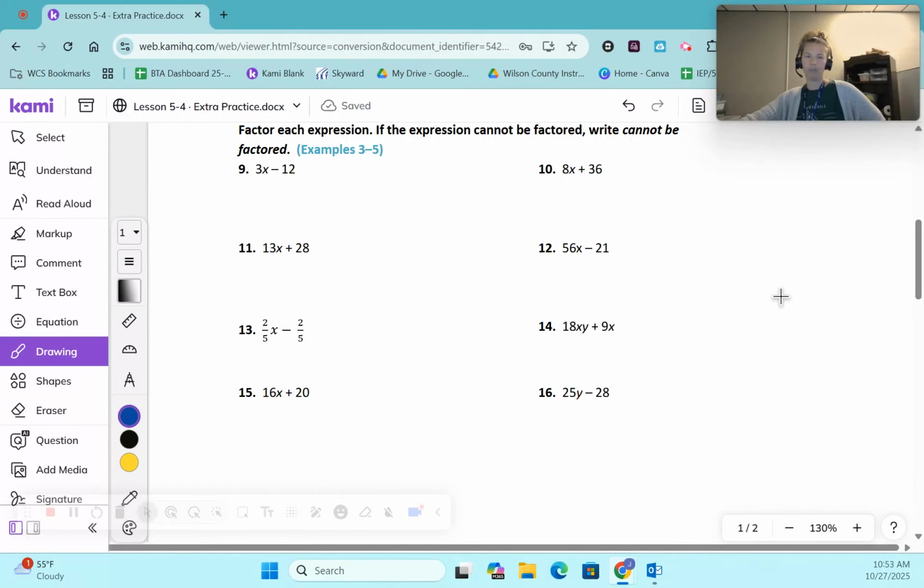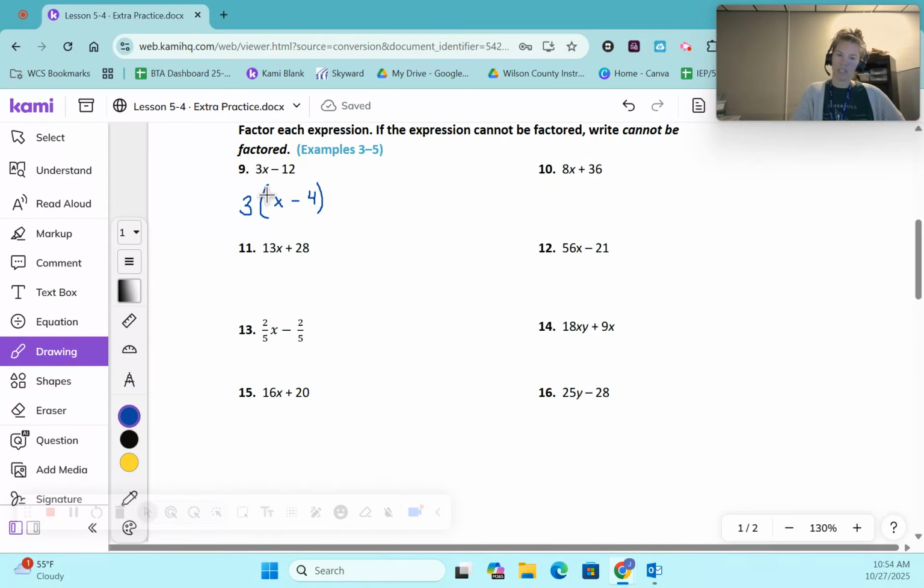So let's take a look at what this looks like in an expression, the way we were just talking about as far as the distributive property. So 3x minus 12: they do not both have the same variable, so the variable will not get factored out on this. 3 does go into 12 evenly, so 3 is that GCF. 3x divided by 3 just leaves you with x, and negative 12 divided by 3 is negative 4.